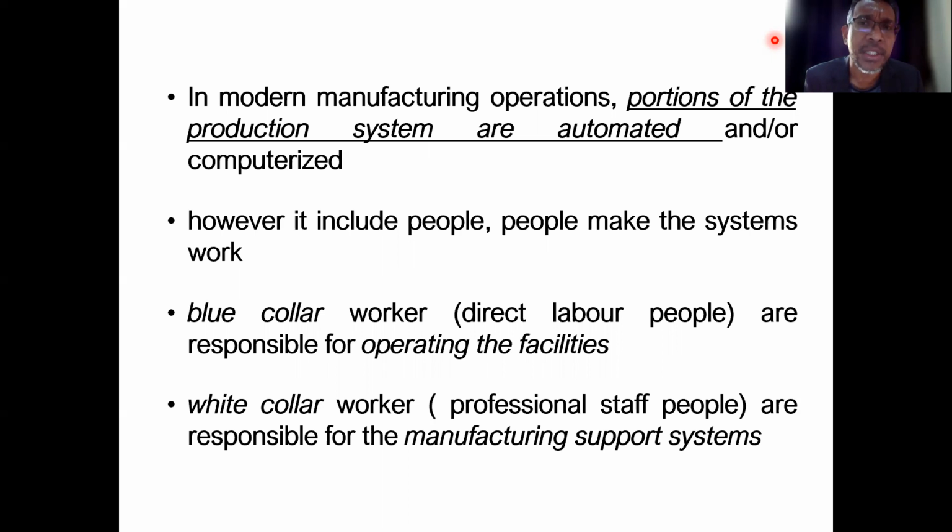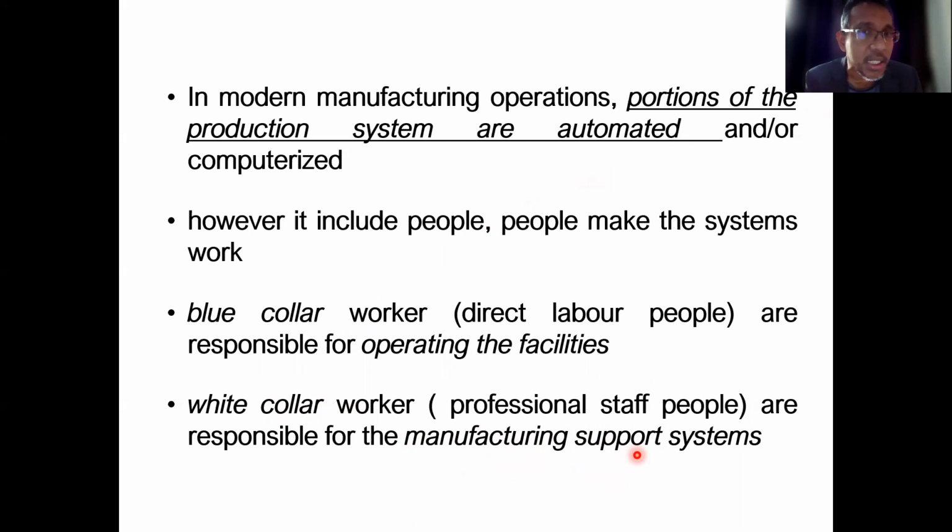The operation needs people to control it, to make sure the manufacturing, automation, or semi-automation can work better. They still need the people. These we call white collar workers, professional staff, professional operators. They are responsible for the manufacturing support system.